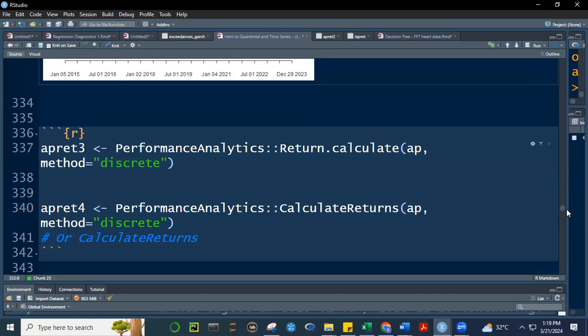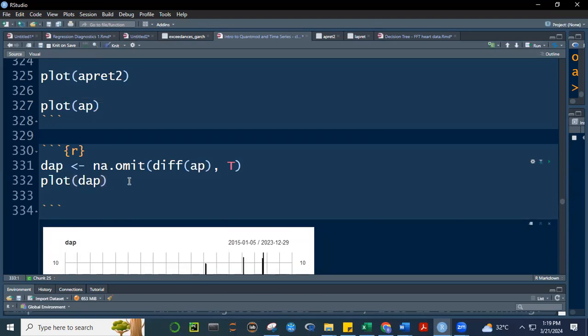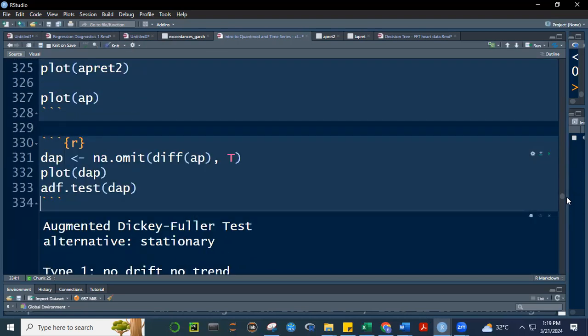So if we check this class using the ADF test, if you recall ADF.test of DAP, let me just check if this is stationary already. Okay, then what does this tell us, class?